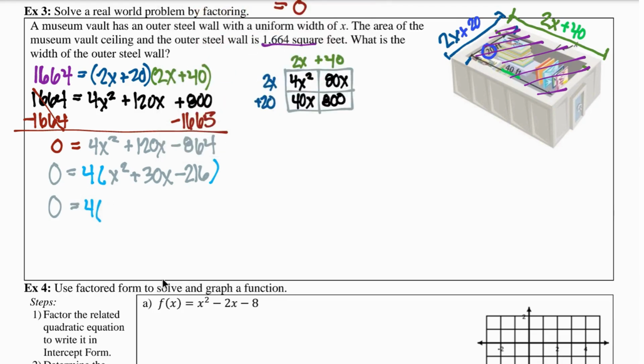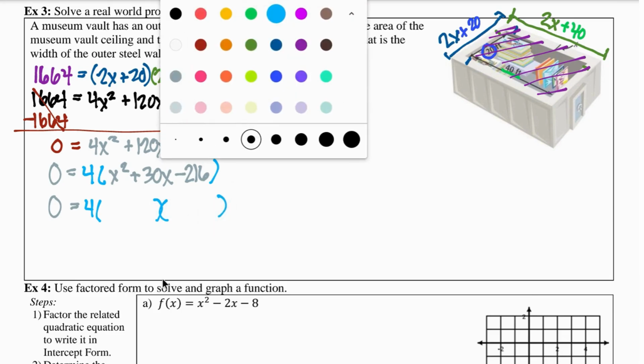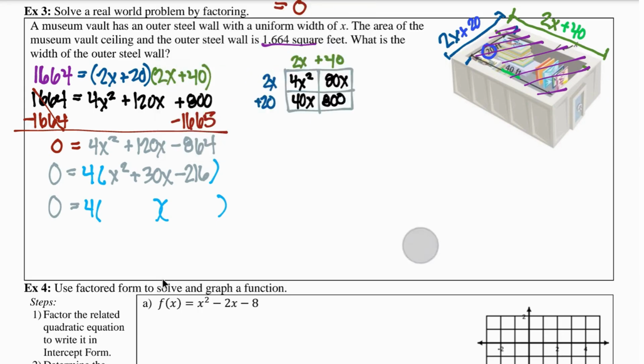So what this means is that instead of having to multiply 4 times negative 864 to find my factorization, I'm just going to have to see what multiplies to negative 216 and adds to positive 30. Okay, so I know I'm going to have an x plus and an x minus because I'm multiplying to a negative. I also know that my larger number is going to be positive.